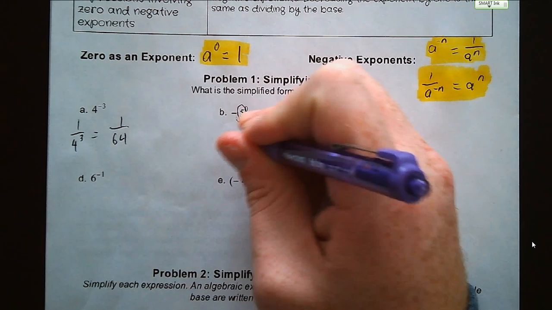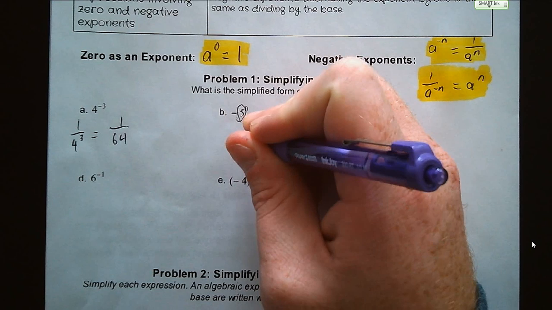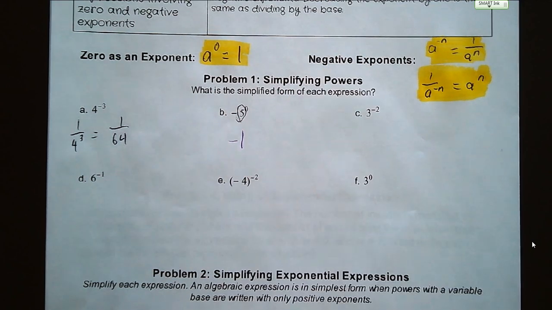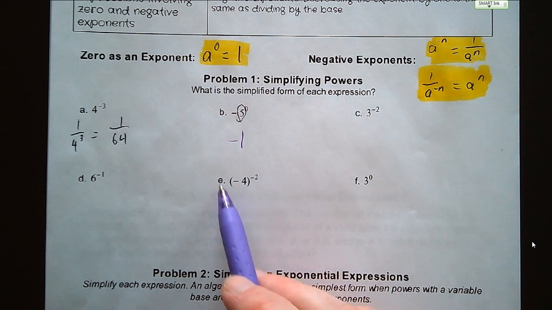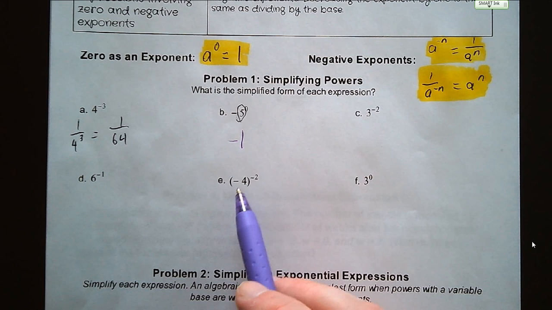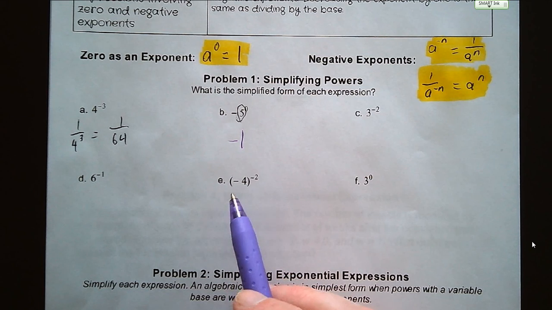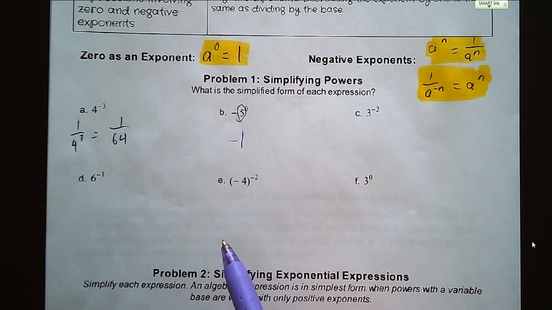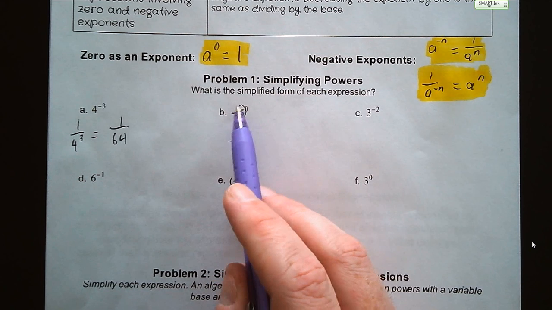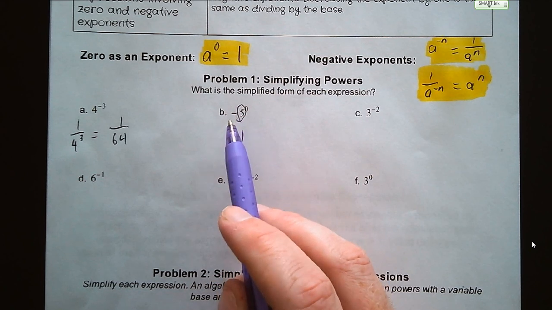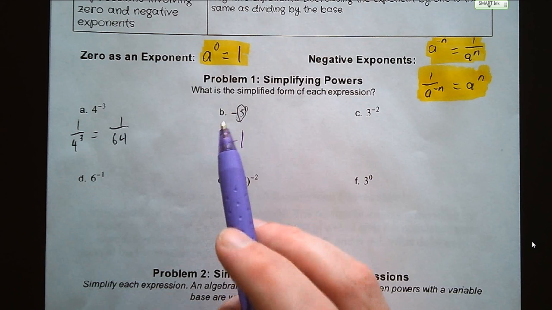So 5 to the 0 power is 1, and we still have that negative sign, so it's going to be negative 1. Looking down at letter E, negative 4 is our base, and it is being raised to the negative 2 power. In letter B, that negative sign is not part of the 5. It is out in front.